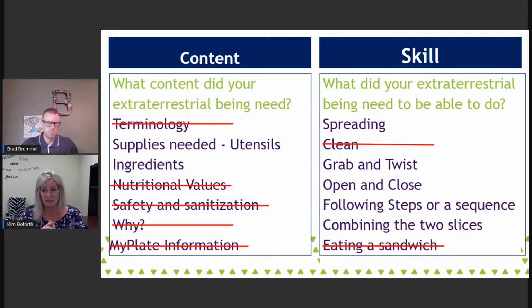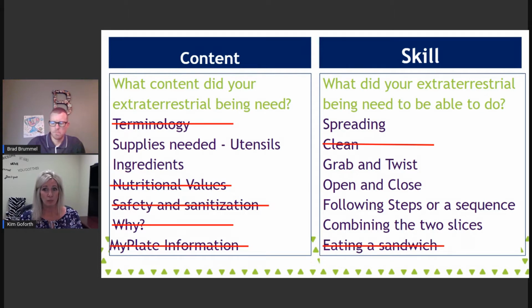The why, no offense, but Brad's probably like, I don't care why, I'm an alien. I'm just supposed to make it. I don't care the why. Don't care about the my plate information at that point. And so, sorry if you're a nutritional unit lover, but we'll get there, but not in this make a peanut butter and jelly sandwich. Doesn't matter.